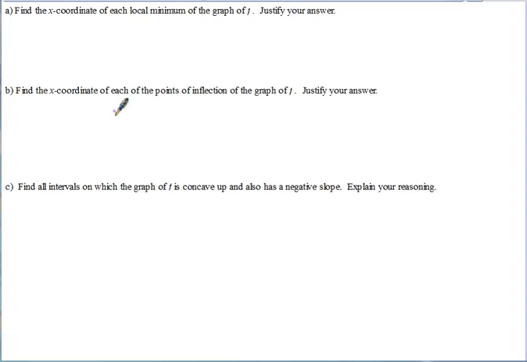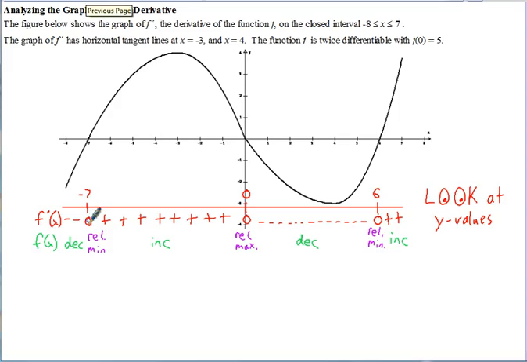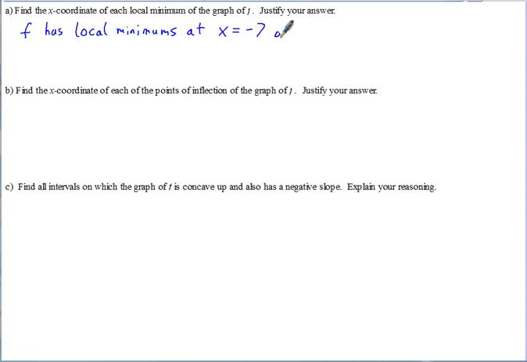So for part A, we can say f has local minimums, which is the same thing as relative, at x equals -7 and x equals 6. It's only asking for the x-coordinates. Then justify your answer.